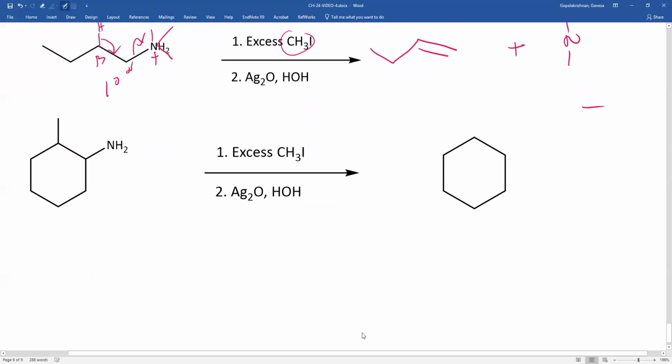In this case also, it is a primary amine. So methyl iodide replaces these two hydrogens and also adds to the lone pair. And then in this case, this is an alpha, this side beta, this side beta. This beta is less crowded.